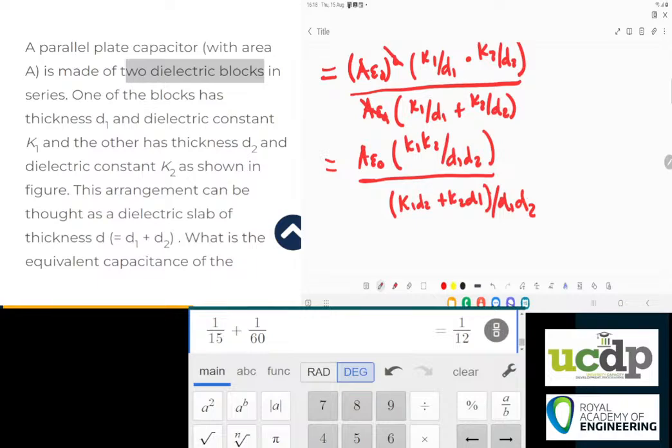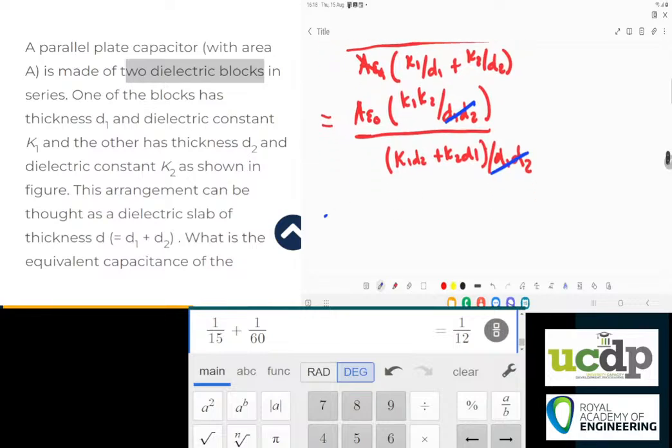Right? So the D1 D2 can easily be cancelled out as well, leaving us with A E naught K1 K2 over K1 D2 plus K2 D1. This is the simplest expression.